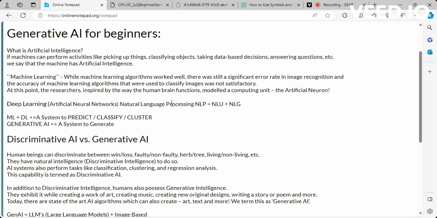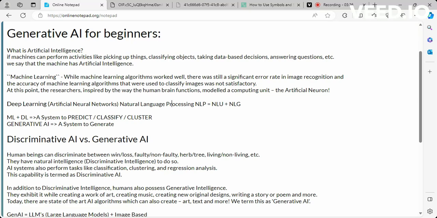So up to artificial intelligence, then machine learning, then deep learning, up to here is fine, where a system can predict, classify or cluster. You understood, right? Now what they want is not just classifying, predicting or clustering images and so on. They want the system to create its own imagination.